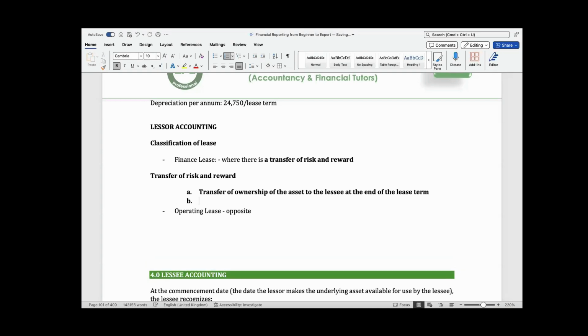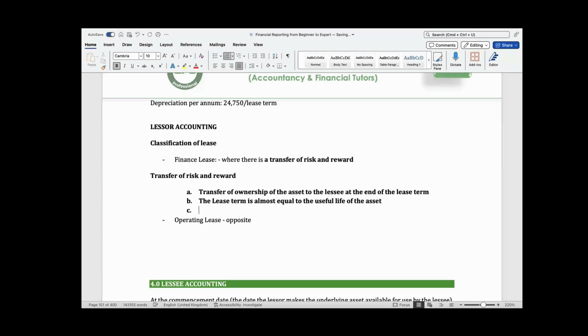Number two is where the lease term is almost equal to the useful life of the assets. That is also an indicator.